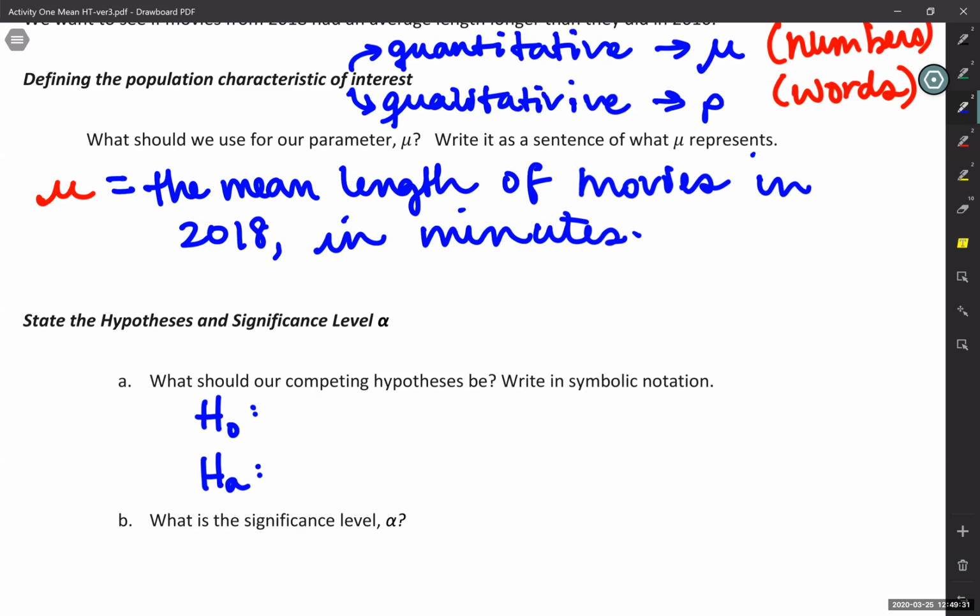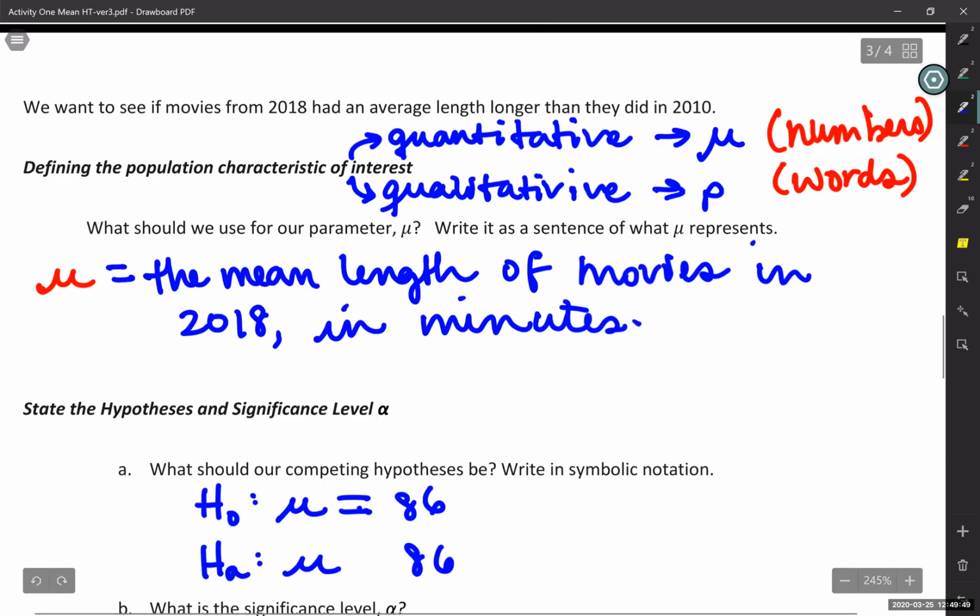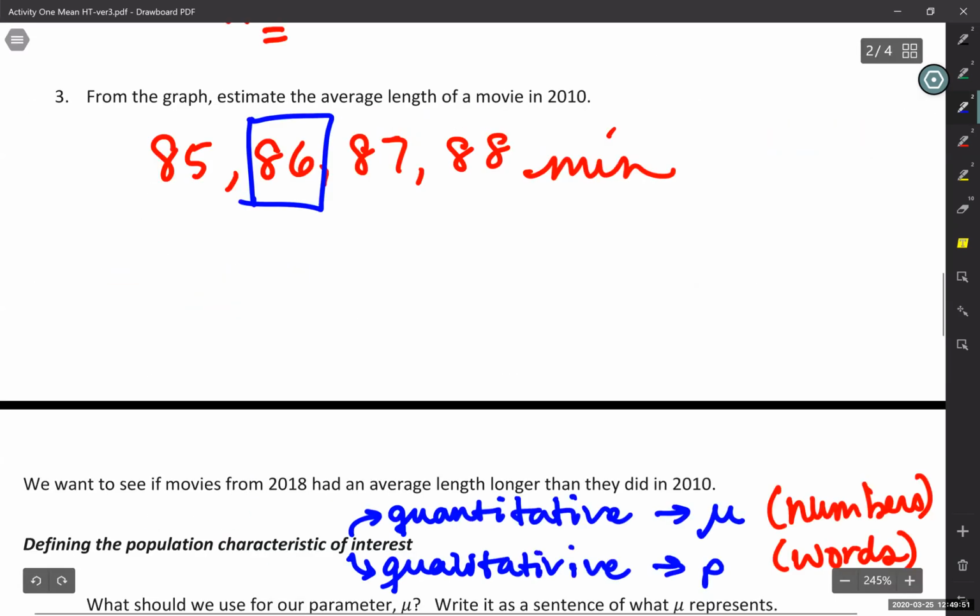So if these symbols don't look familiar to you, go back and watch that. But here we are talking about mu. Our number is 86. And let's see, null is always equal. So to determine what the alternative would be, going to the question, oops, I skipped the question.